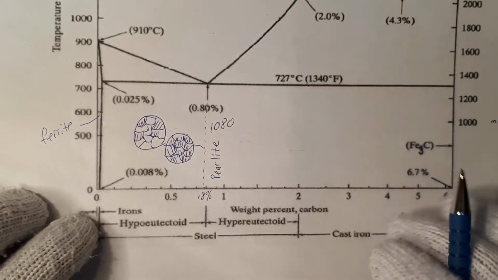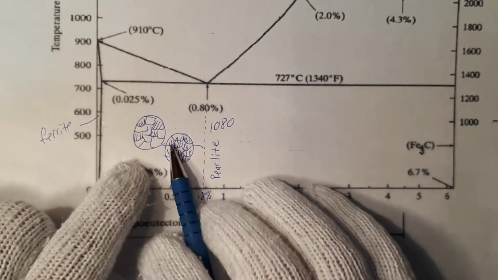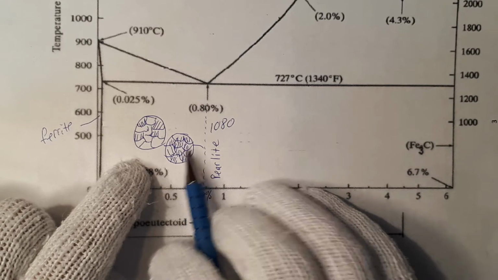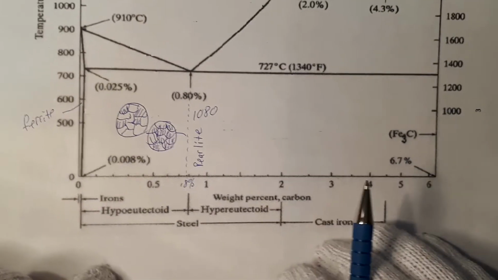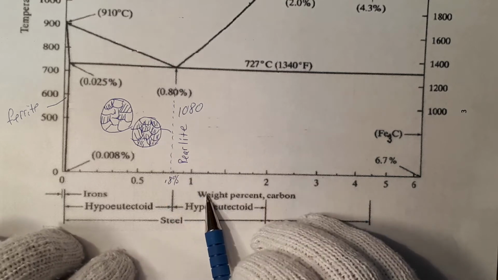Perlite is a laminar structure, a combination of ferrite and cementite, so it's made up of two phases. In combination, the two of them is called perlite, and that is a microstructure.